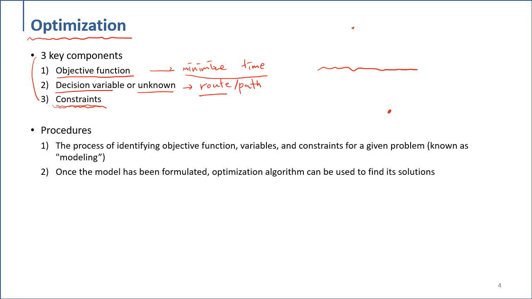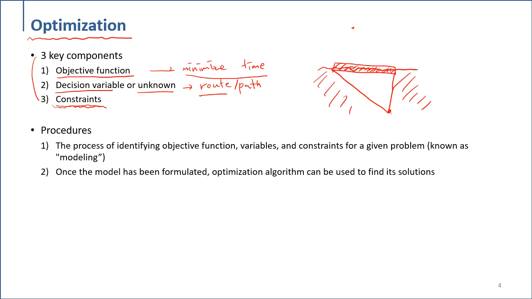But let's think about another case where some obstacle, let's say a building, is in between, so we cannot go through this building. In that case, the route should be selected from this way or from this way, so proper constraints should be considered.